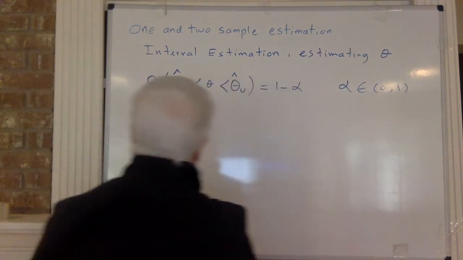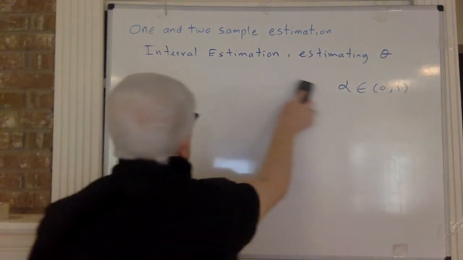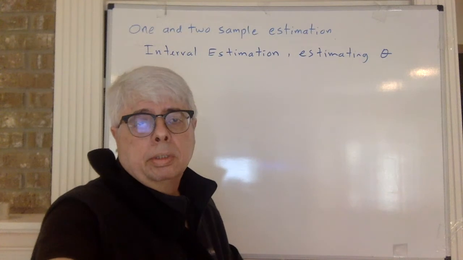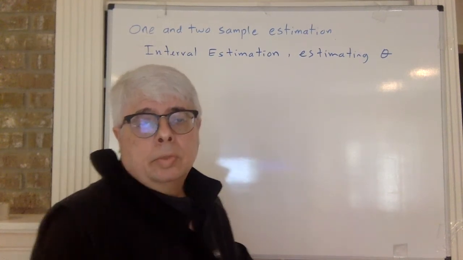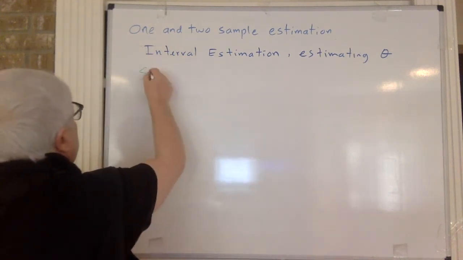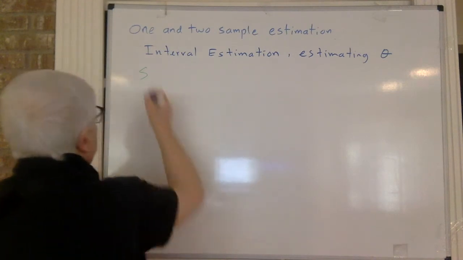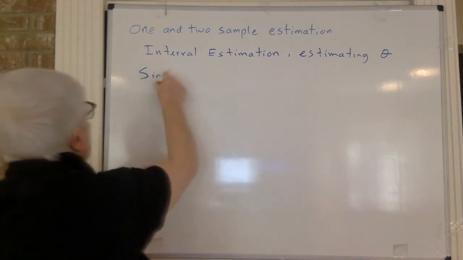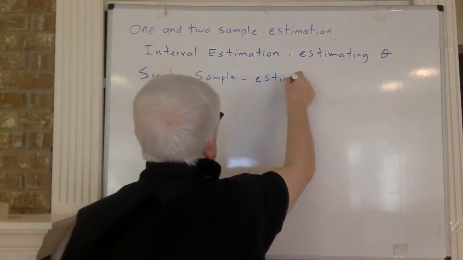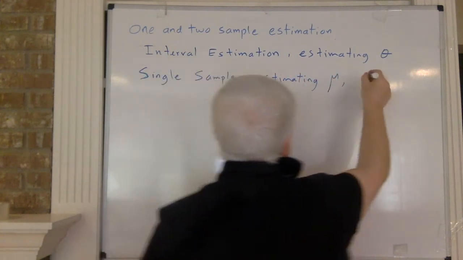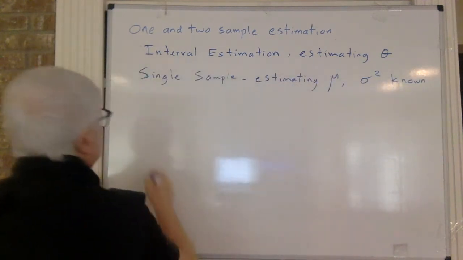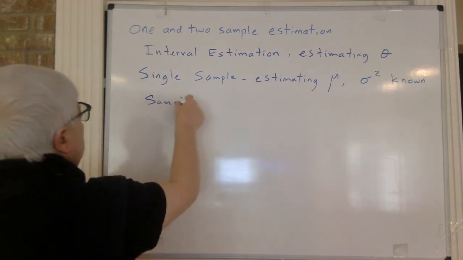Okay, so let's start with estimating. The first type is single sample estimating mean and sigma squared. Okay, so a sample of size n.